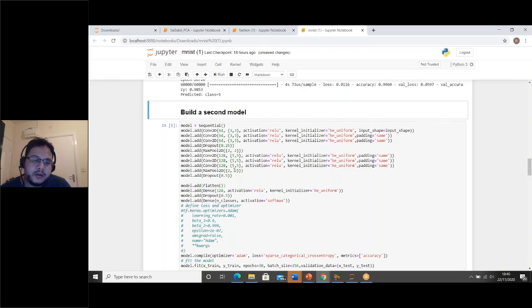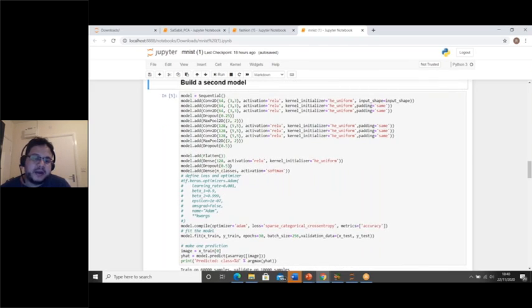Max pooling and a dropout. Then we flatten it, then a dense layer, same dense layer, and the output layer, 10 classes.